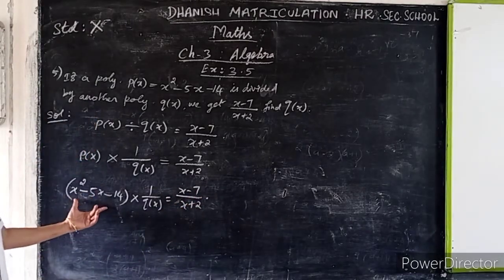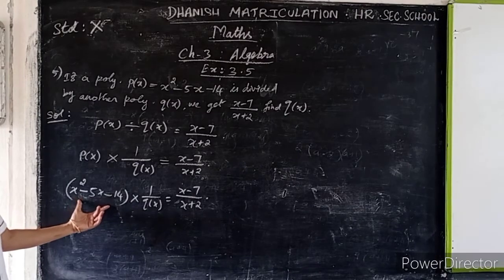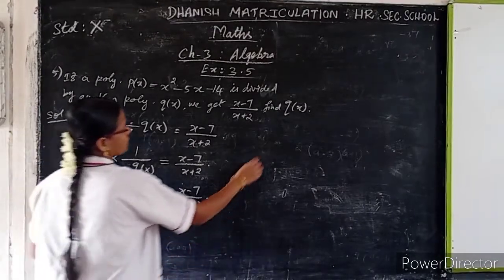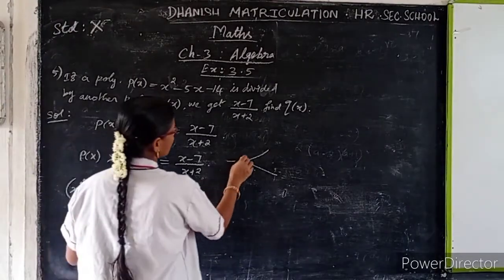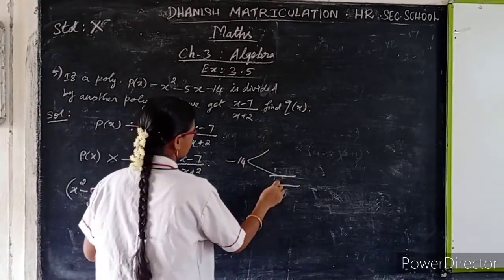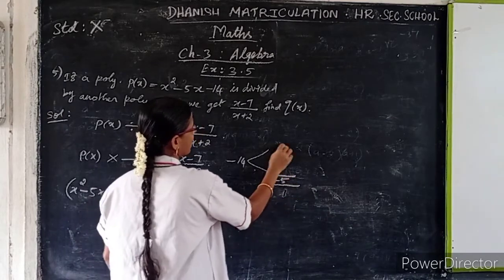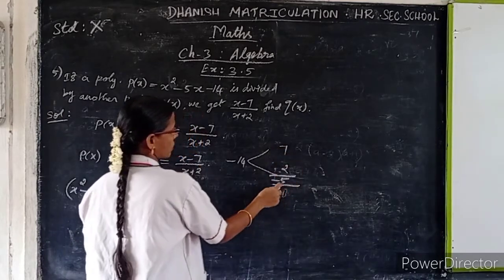This is quadratic, therefore find factors. Factorization of minus 14: here the coefficient of x is minus 5. 7 twos are 14, 7 minus 2 is minus 5.